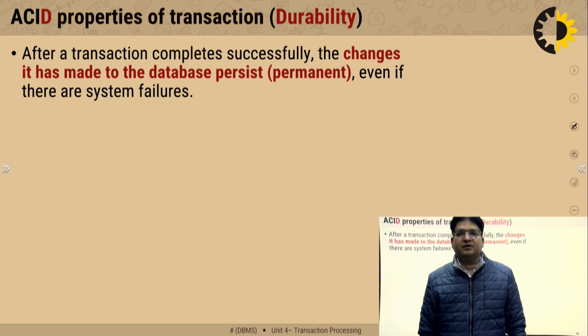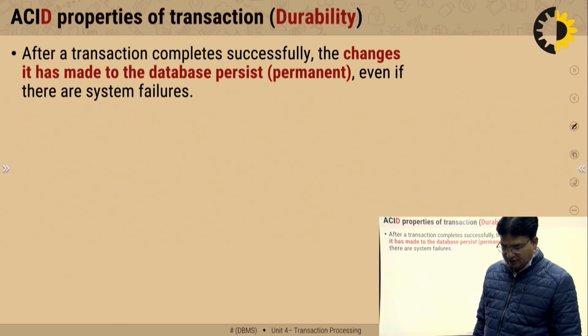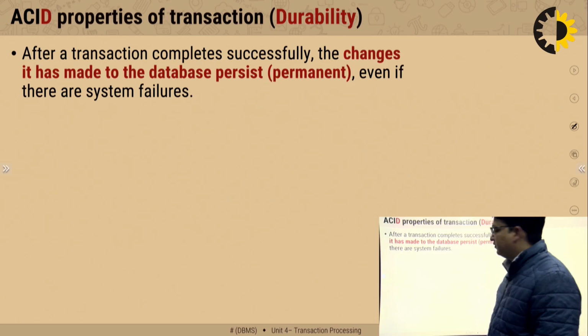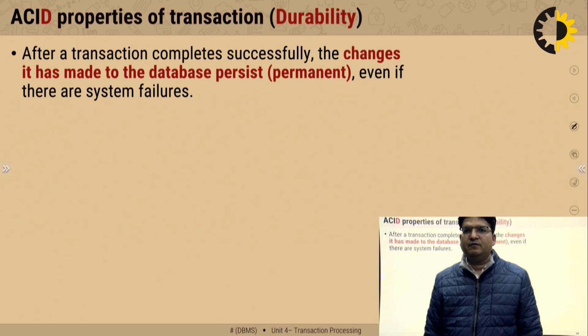Sometimes the operating system also decides to kill a particular transaction, or sometimes the DBMS kills a particular transaction due to a logical error or any other error that is possible. So a transaction may fail due to a variety of reasons. In spite of the failure, the system should continue to work properly and efficiently so that the property of durability is maintained.